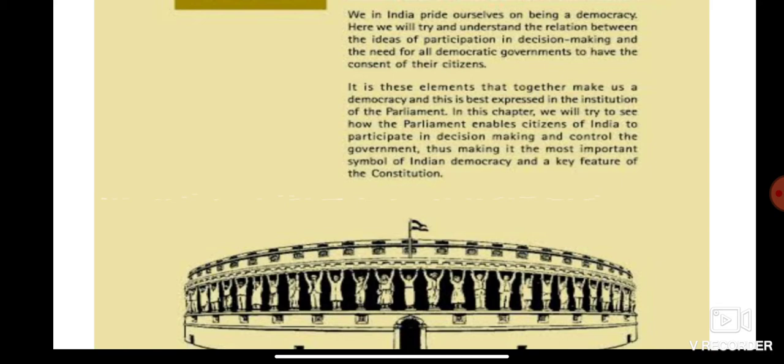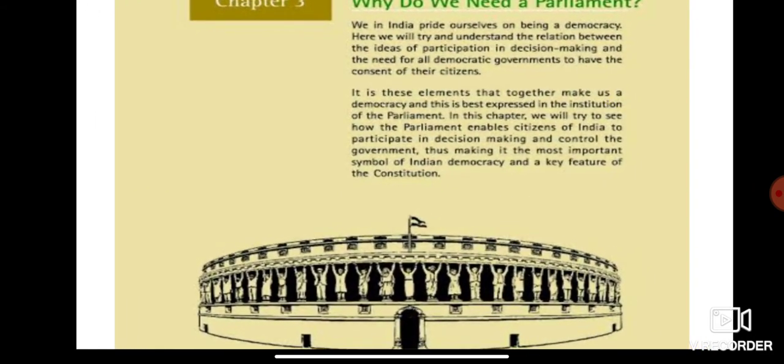In this chapter, we will see how the parliament enables citizens of India to participate in decision making and control the government, thus making it the most important symbol of Indian democracy and a key feature of the constitution.